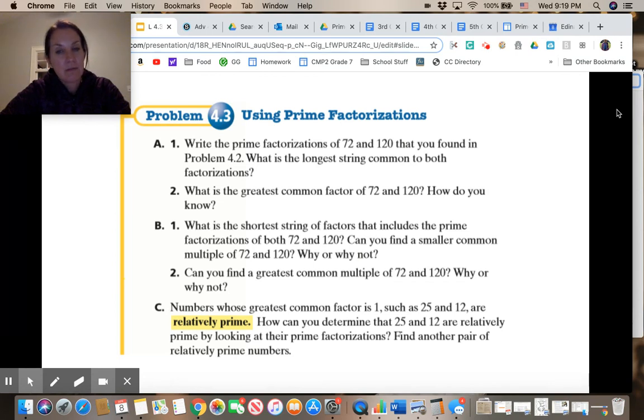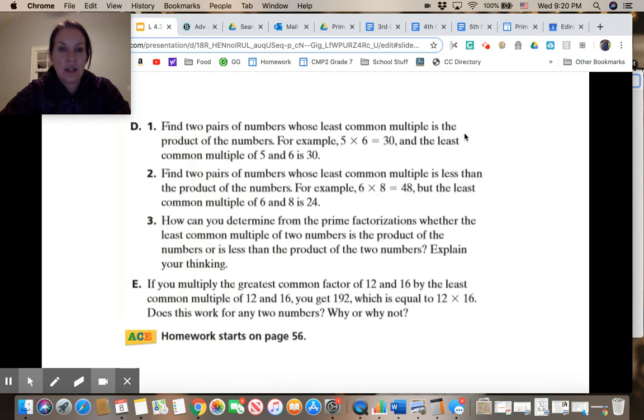The benefit of using this way is that you will be accurate more often because you won't miss a factor or count wrong. Then in question D, you have some examples to answer, and that would be the end of this lesson.